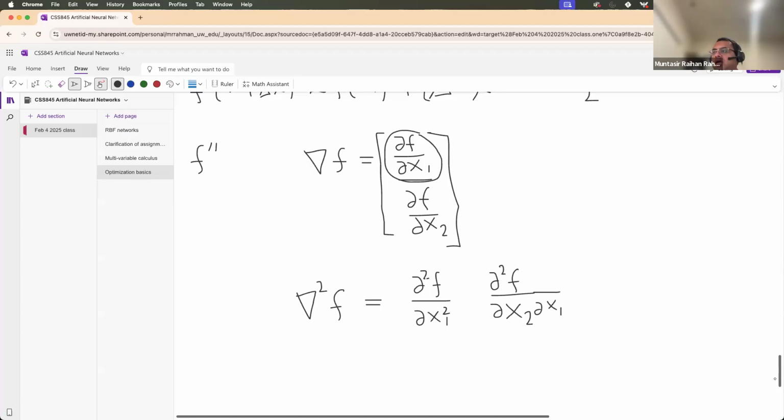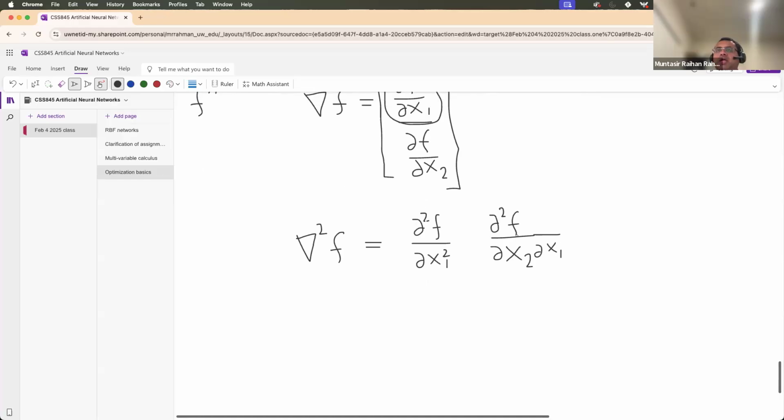Now let's take the second component here and differentiate this with respect to x1, and I get del square f divided by del x1 del x2.